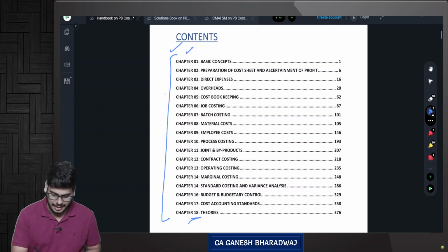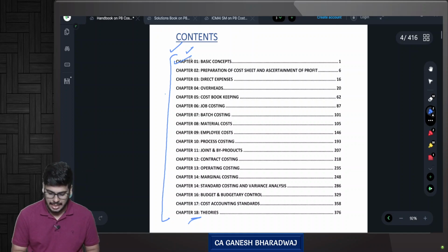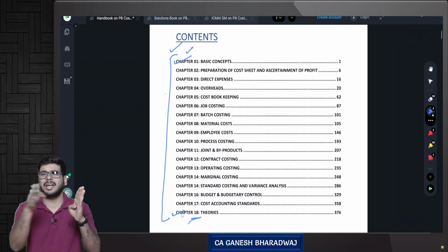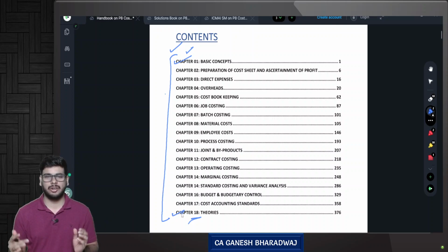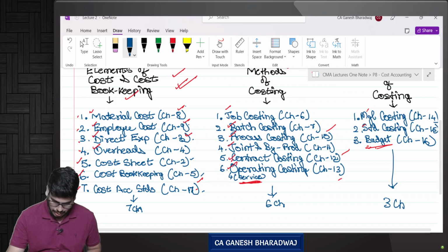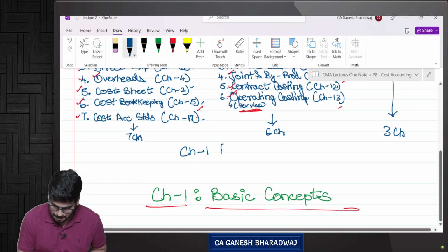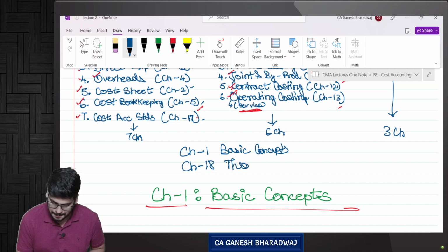No, nothing like that. See, here basically there is a chapter called basic concepts. There is a chapter called theory. These two alone I am not classifying anywhere because these are some generic concepts. So I am just taking these two away. Chapter 1, basic concepts, and chapter 18, theory.